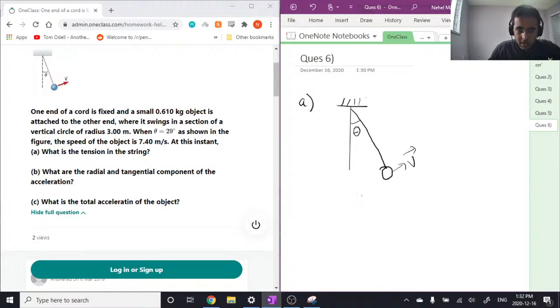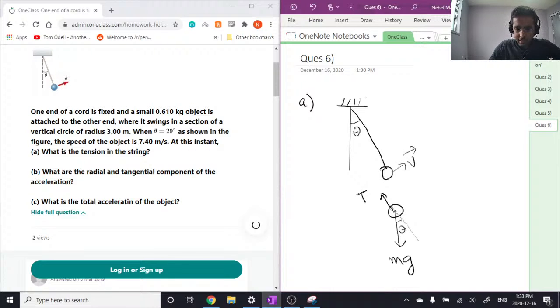So now if we were to look at the free body diagram of this, we would have a few components acting on this. We would have the tension acting along the string. We would also have the weight of the object, which is acting downwards, which would be mg. If I stretch this line down, this angle would be equal to theta as well.